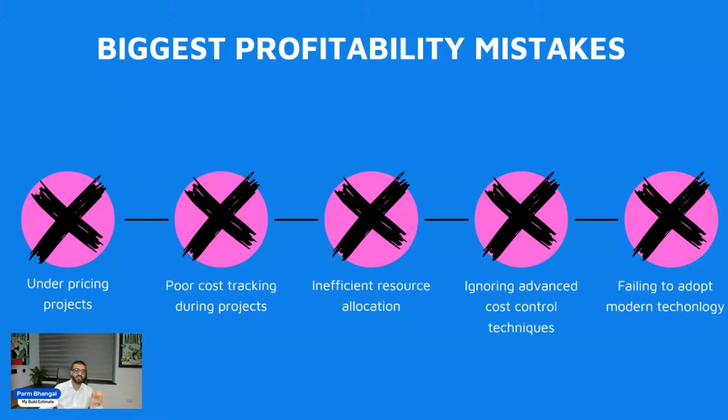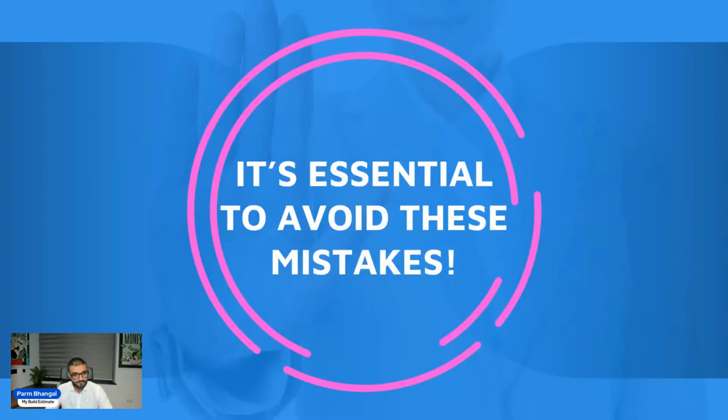So these are probably 5 of the top things that we see that are the biggest mistakes in profitability when we're looking at contractors. And this is effectively what we want to help you solve. Hopefully we can look at the different techniques we use to eliminate them and help you ensure that you don't make those mistakes again.